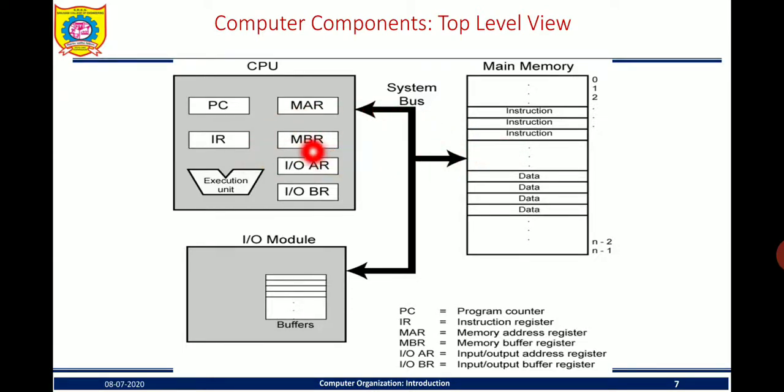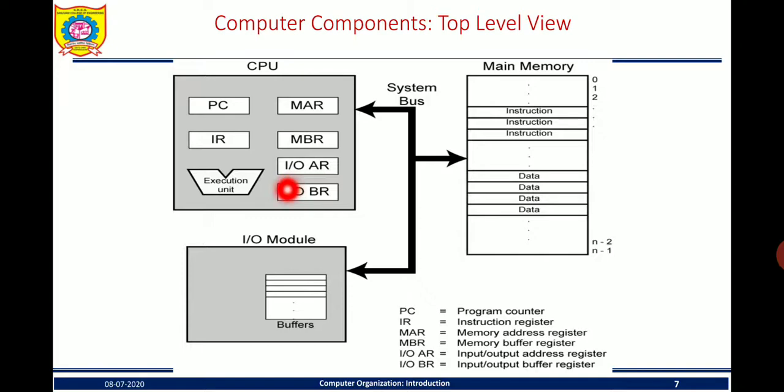MBR is the memory buffer register, also called the memory data register. This register gives you the address where the data is stored, and then that data is fetched and stored in the MBR.